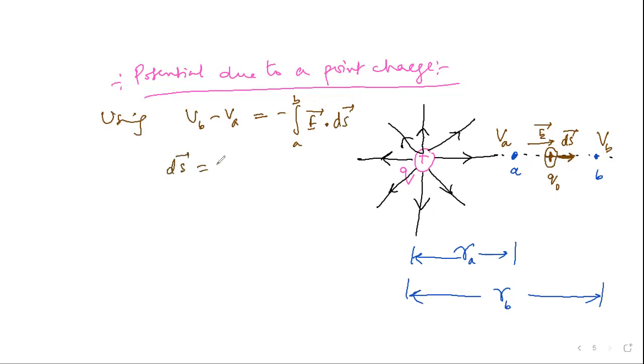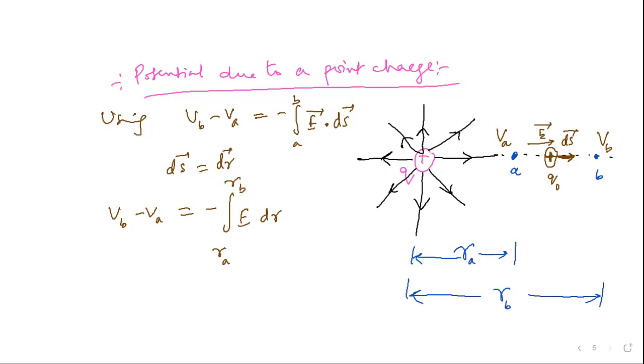So ds vector is same as dr vector, right? ds is same as dr. And angle between electric field and displacement vector is 0, cos 0 is 1. So it will become VB minus VA is minus integral A to B. Now A is RA distance from the charge, then it will become RA to RB of E dr, right? E dot ds cos 0 is E ds and ds we replace by dr.